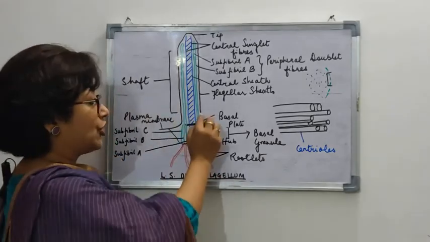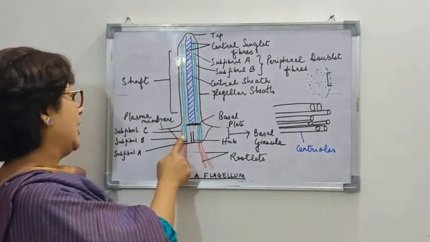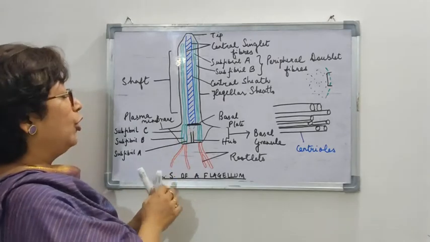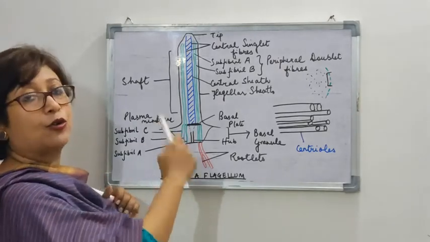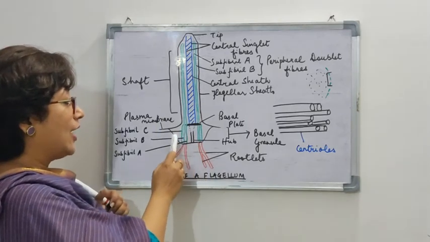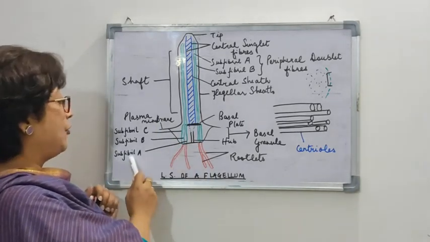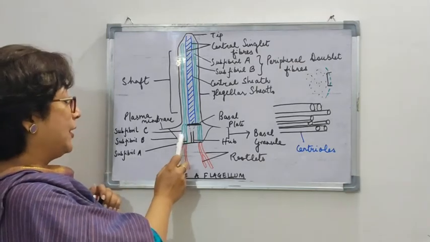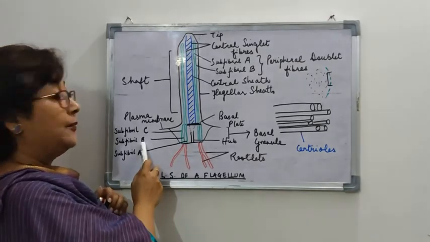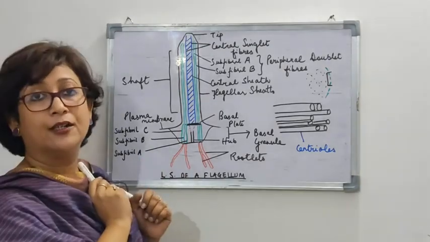Now look at the structure here, the part that I have drawn in green. This is the fibril, and if you look at the fibrils closely that I have drawn, you will see that I have drawn 3 strands here, which I have labeled the innermost as subfibril A, then the middle one is the subfibril B, and the outermost is the subfibril C, right?